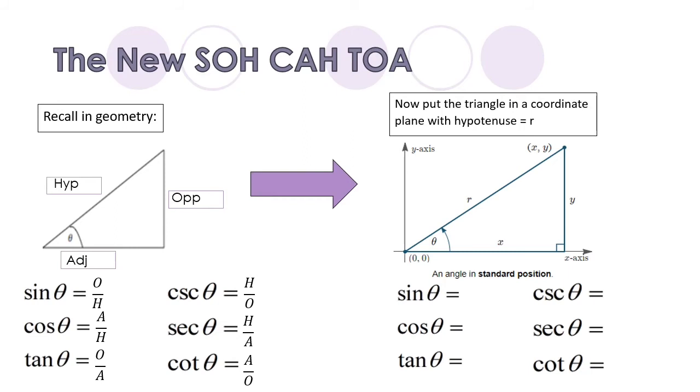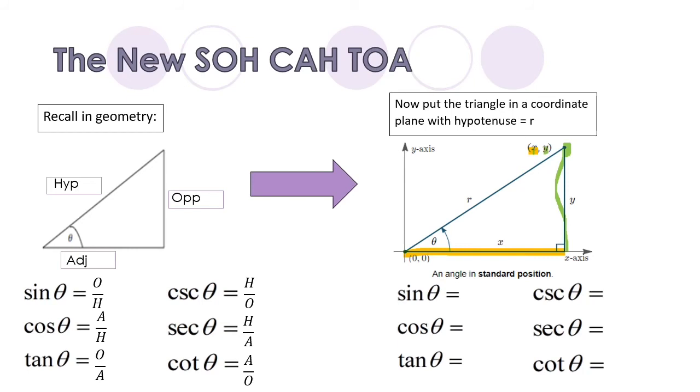The opposite side is actually going to coincide with whatever y value you have. So at this point, the y value will be the opposite side, and the x value represents how far along the x-axis you are.